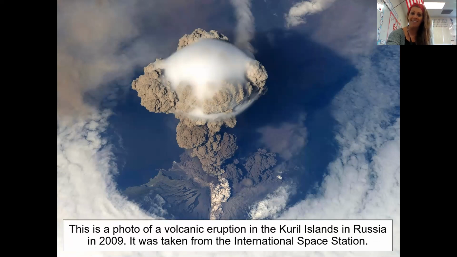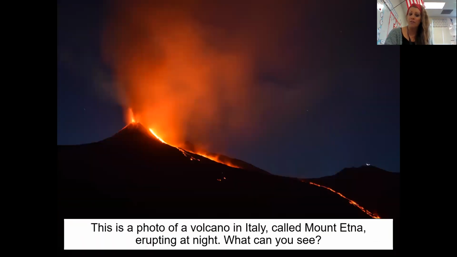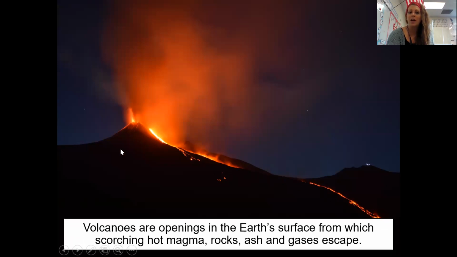Pretty cool. This is a photo of a volcano in Italy called Mount Etna erupting at night. What do you see coming out? Do you remember that vocabulary word? We talked about it yesterday.